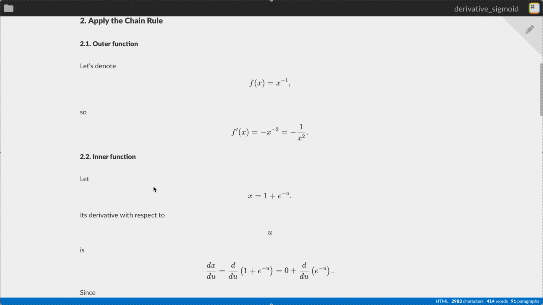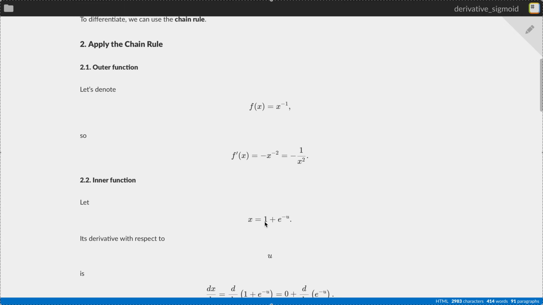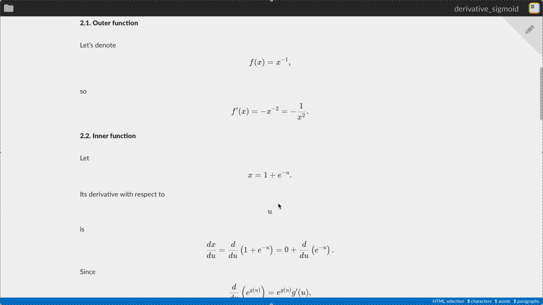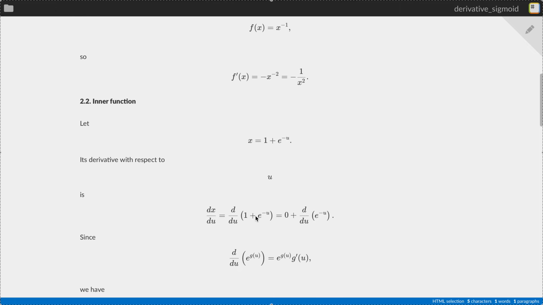Now, remember, we're left with the inner function, which is 1 plus e to the negative u. Its derivative with respect to u is going to be equal to 0 plus the derivative of e to the negative u. The 0 is there because we had the 1, and the derivative of 1 is 0 since it's a constant.